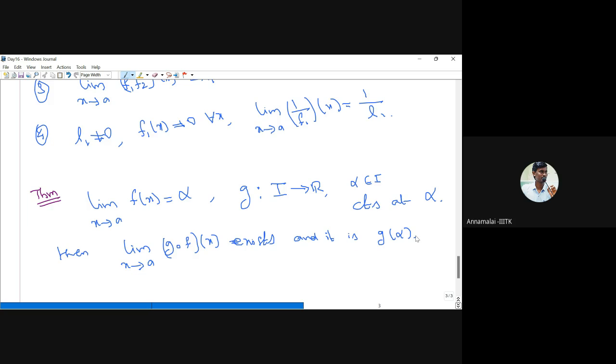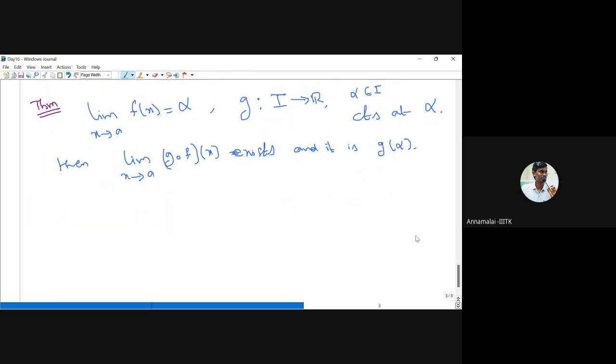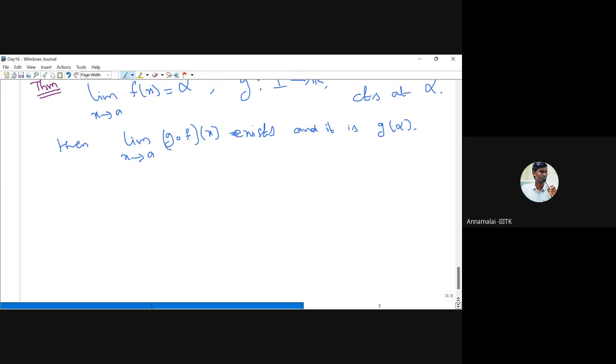Now maybe we solve some problems to find the right hand limit and the left hand limit of a function. Examples.